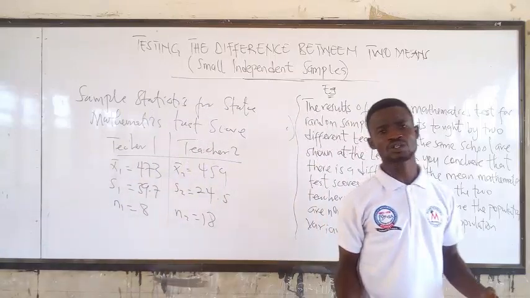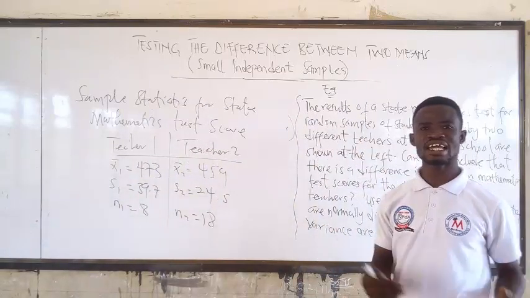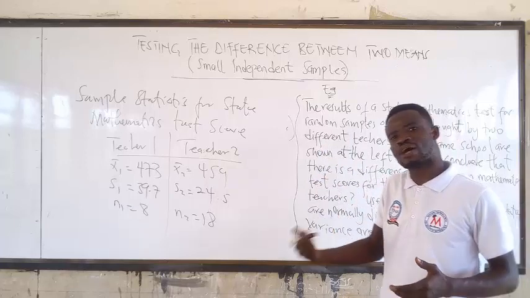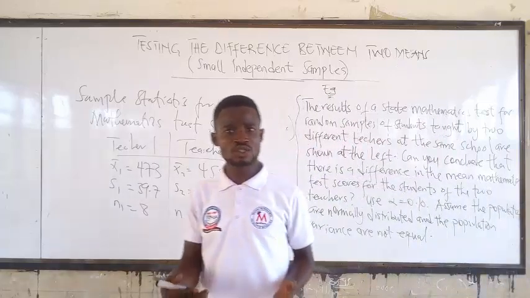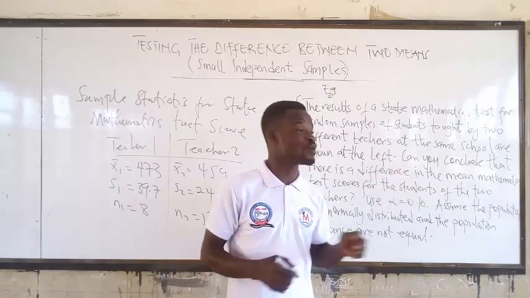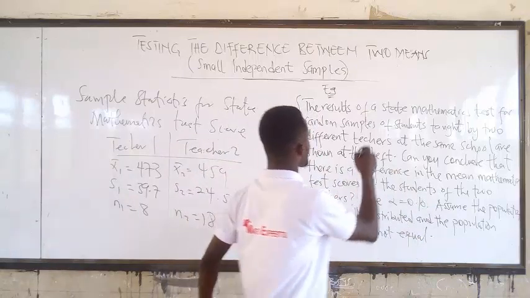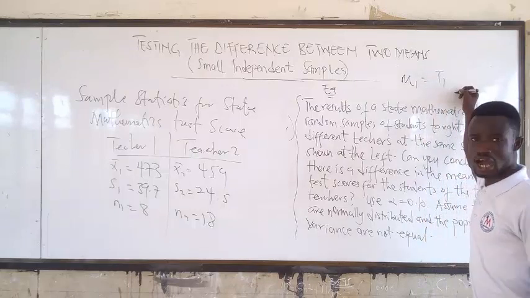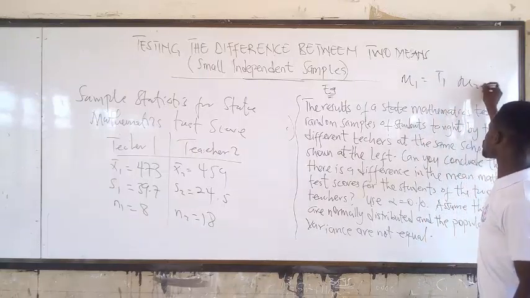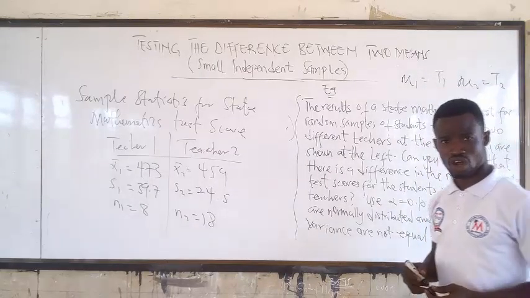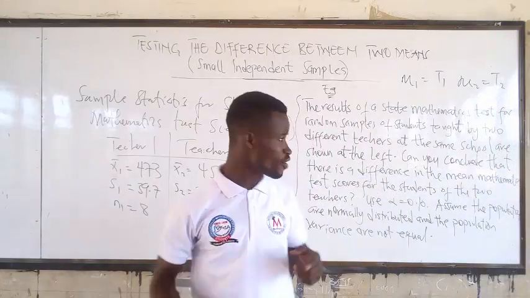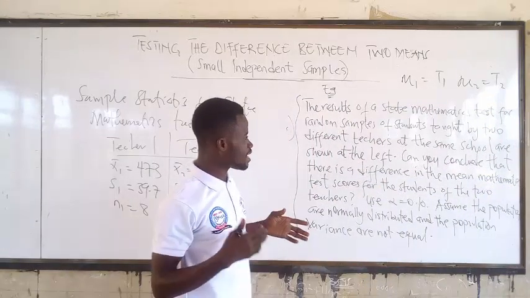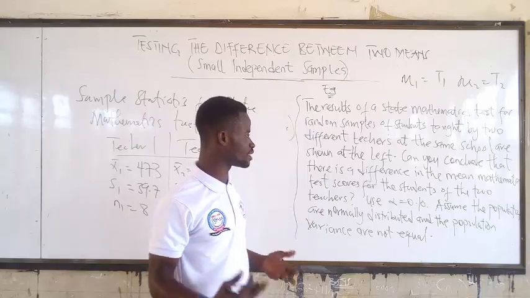So two different teachers is telling you something about the mean, because you have to know the mean 1 and the mean 2. So the mean 1 will be teacher 1, and the mean 2 will be teacher 2. Was that clear? Alright.